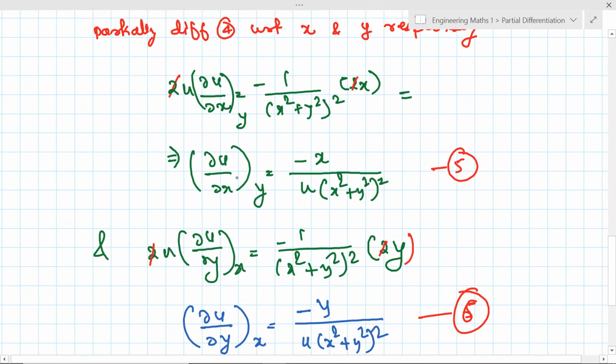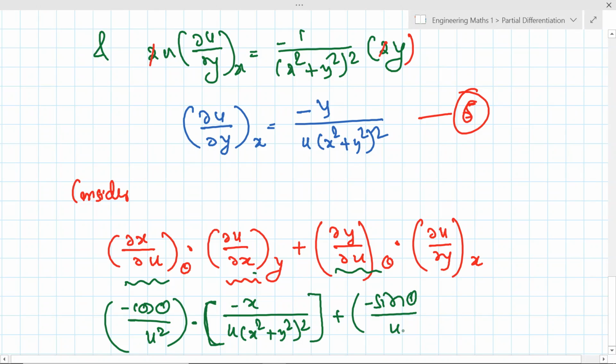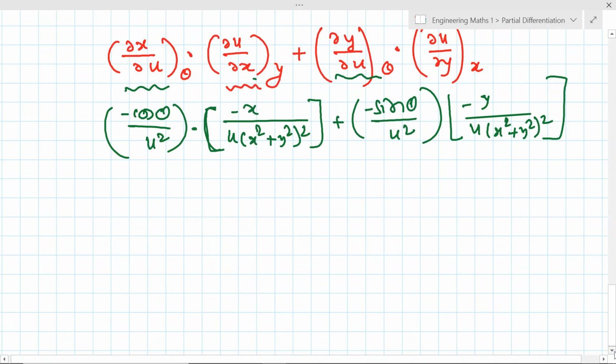From equation number 5, del u by del x is minus x upon u into (x square plus y square) whole square, plus del y by del u, treating theta constant, which is simply minus sine theta divided by u square, into del u by del y, which from equation number 6 is minus y divided by u into (x square plus y square) whole square. Now just simplify this and you will get the final answer.